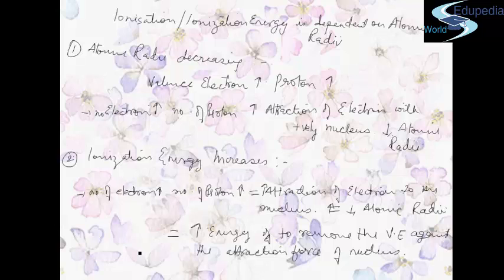So as we discussed, there is a variation, but we also know that there are some slips across the period. Let's discuss the slips and why they happen.